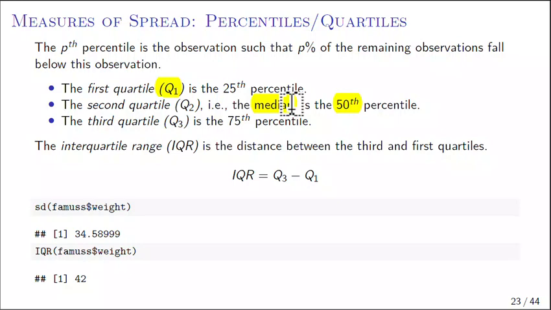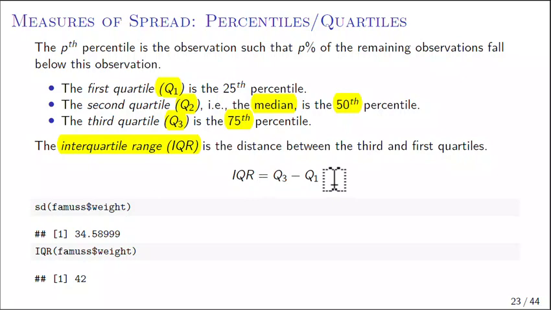That's the idea. The median is also simplified as Q2 because it's the second quartile. And the 75th percentile is simplified as Q3. Based on the quartiles, we define the so-called interquartile range, IQR, as the difference between Q3 and Q1.